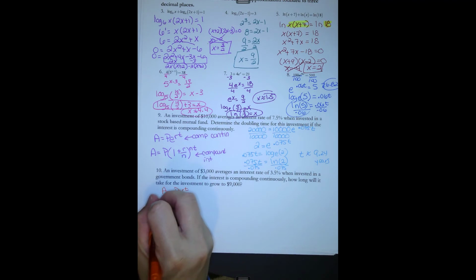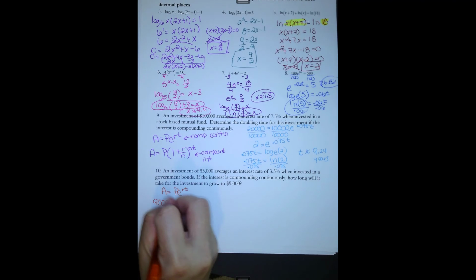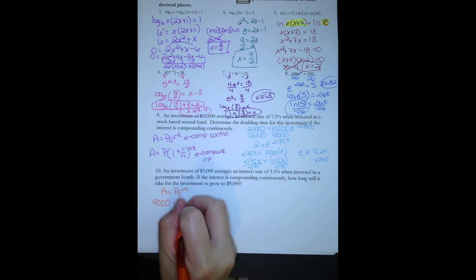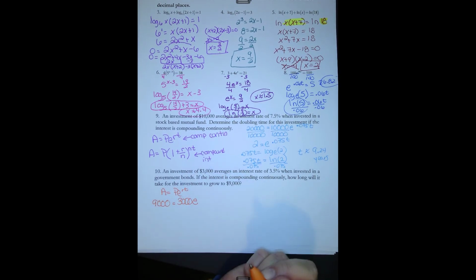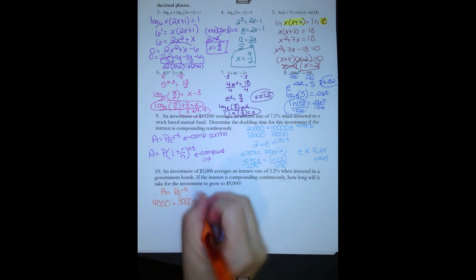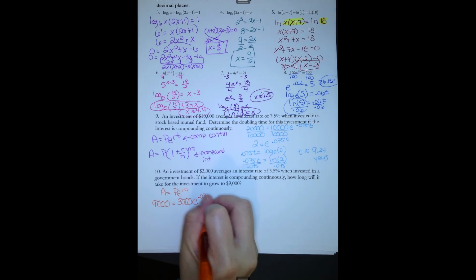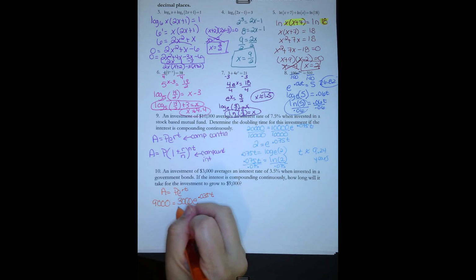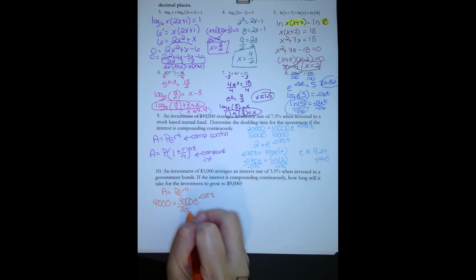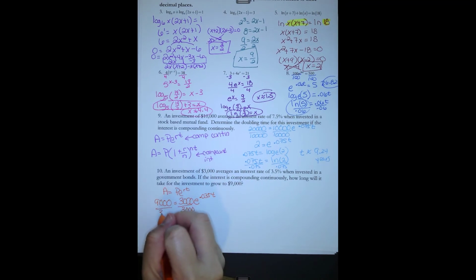Our ending amount is 9,000. Our starting amount was 3,000. E, we are solving for time again, but our interest rate is 0.035t.